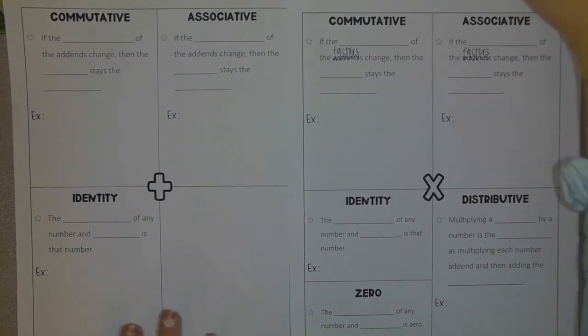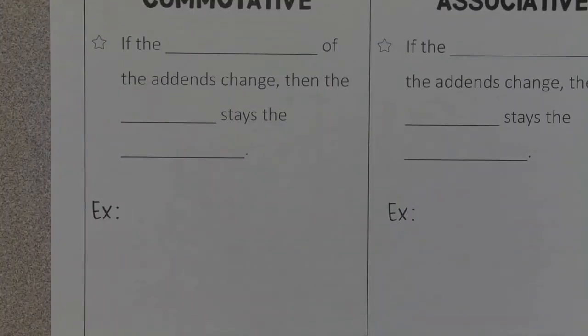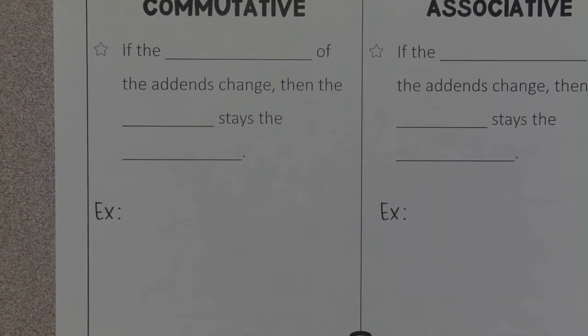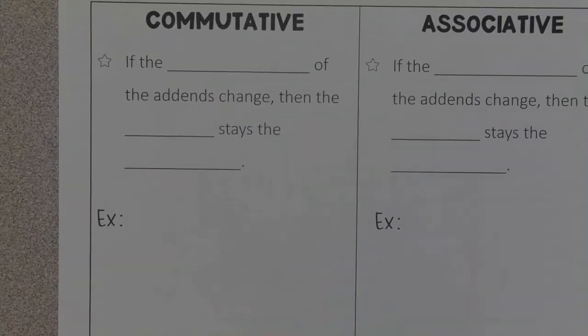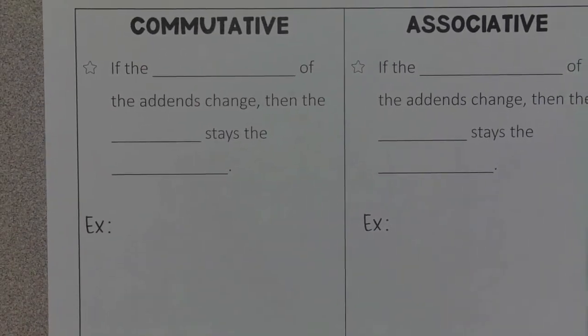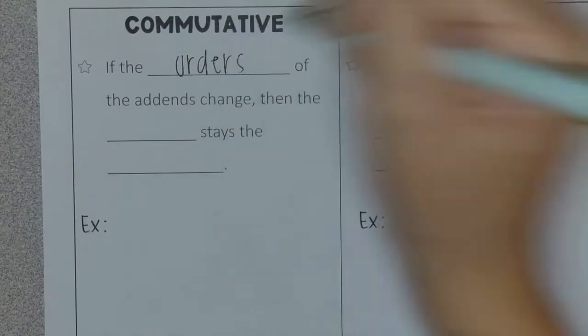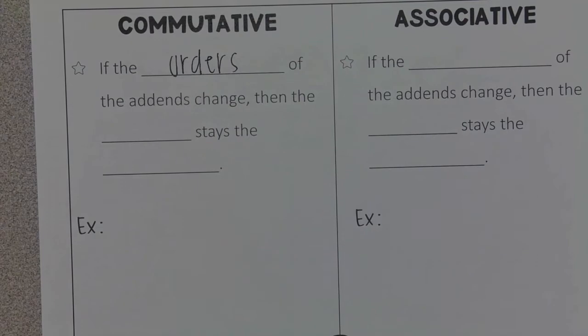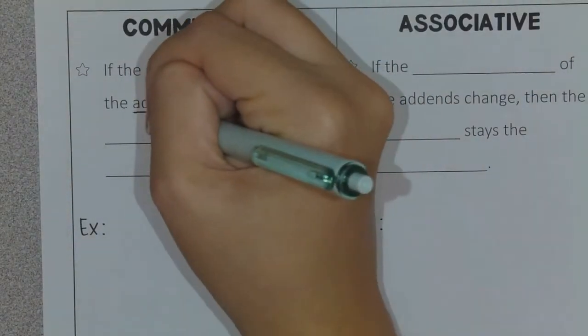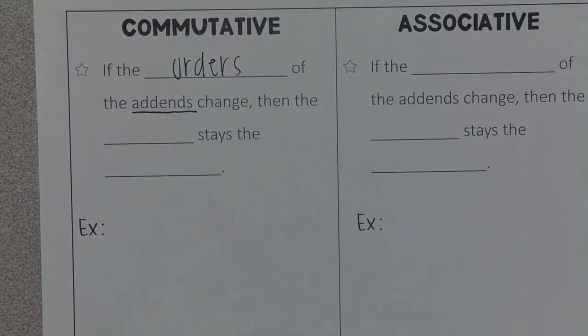So I'm going to zoom myself in and we're going to start with the commutative property of addition. Okay, maybe if my camera will unzoom. There we go. All right, so the commutative property states that if the order of the addends change, okay, let's talk about what an addend is. You've heard this word before in elementary school, but it's been a whole summer, so let's talk about it.